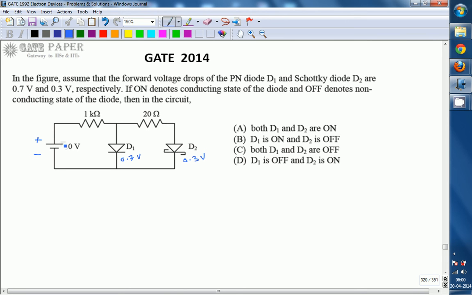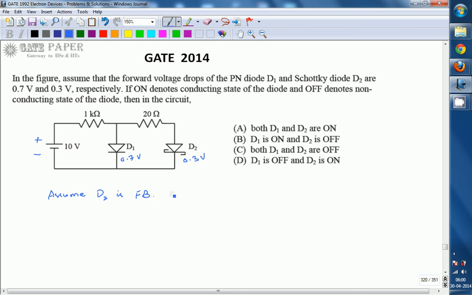Out of these two diodes, the one with the lower cut-in voltage, the Schottky diode, will forward bias first, because whenever you apply a voltage, whichever diode has the lower cut-in voltage is forward biased first. So assume D2 is forward biased.